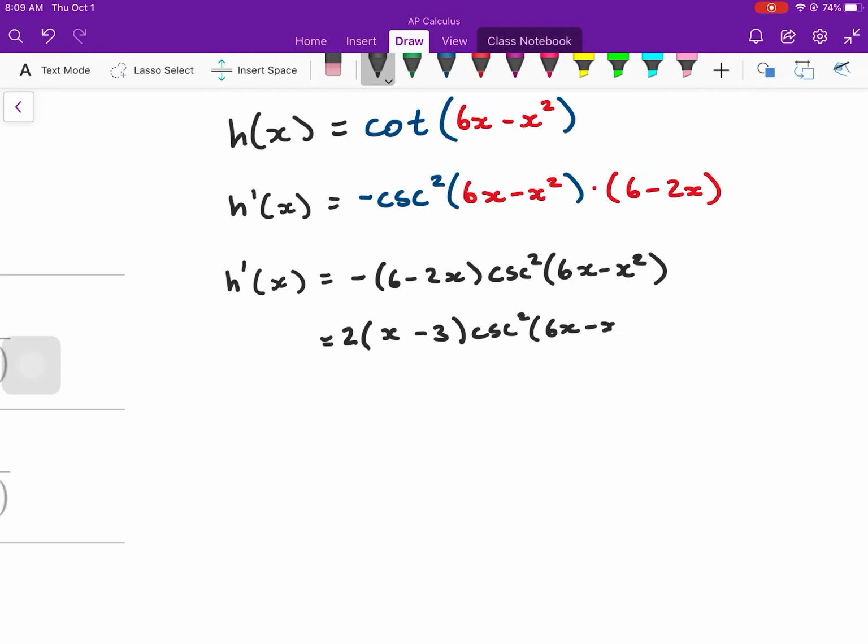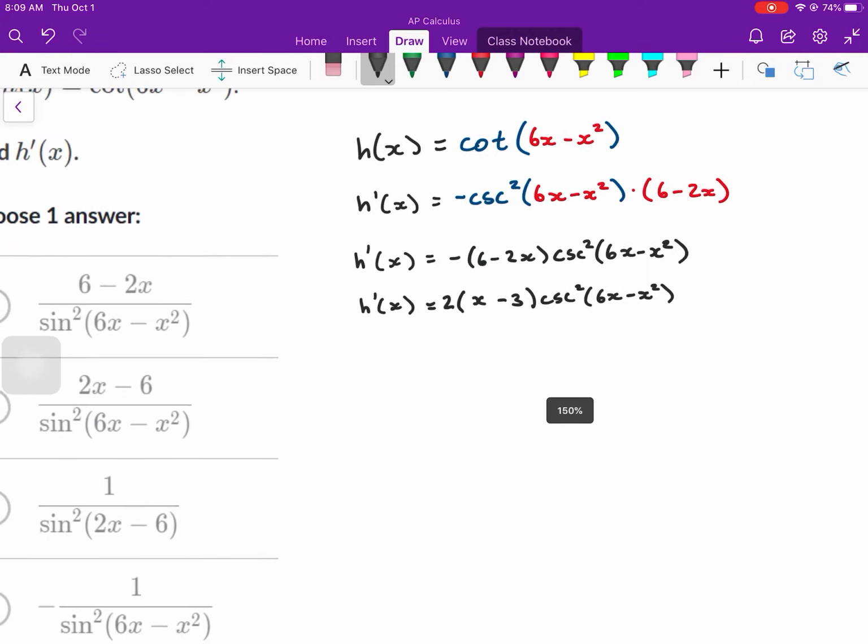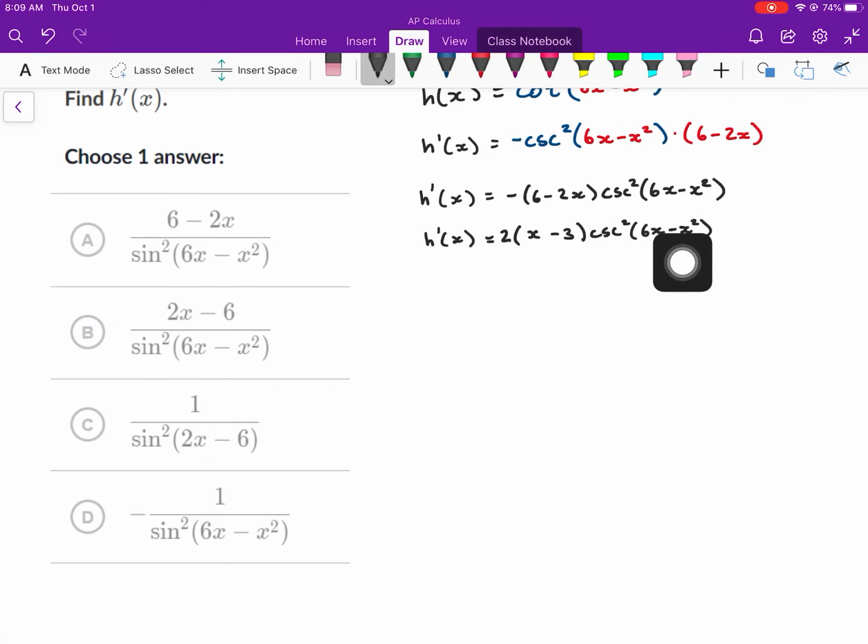So this is what I was telling you. Multiple choice. If you get multiple choice, that's when you have to try to make it fit your form here. So I don't see this answer anywhere. I do see if I distribute the 2 back, I'll have 2x minus 6. So this one's looking good. And then what is cosecant? Well, cosecant is 1 over sine, right? So I can change that cosecant squared. So let me distribute that 2 back to 2x minus 6.